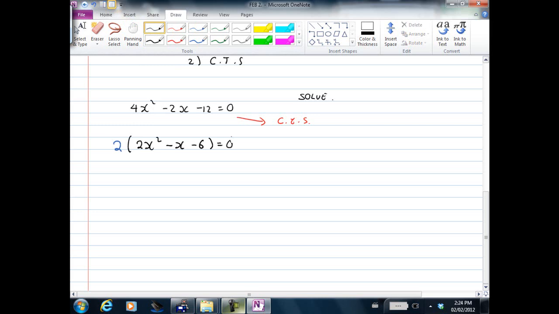Nothing more. Now, I'm going to look at this bracket. How do you factor when there's a number in front of x squared? If there's no number, all you do is break it up into two brackets. Back in grade 10, how were you taught to factor this?